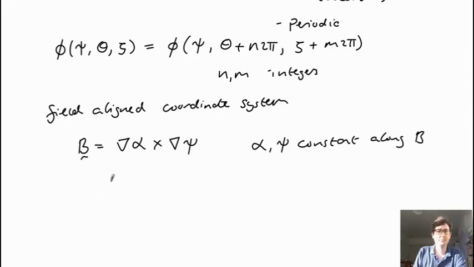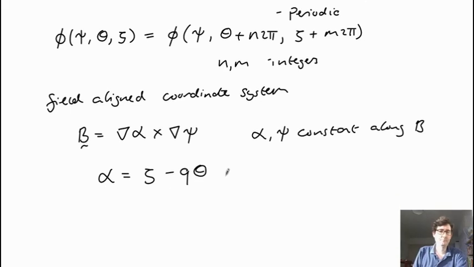And here alpha is just given by the toroidal angle, zeta, minus q, which is the safety factor, times the poloidal angle theta. And so in this case, as theta is varied, we move along B.